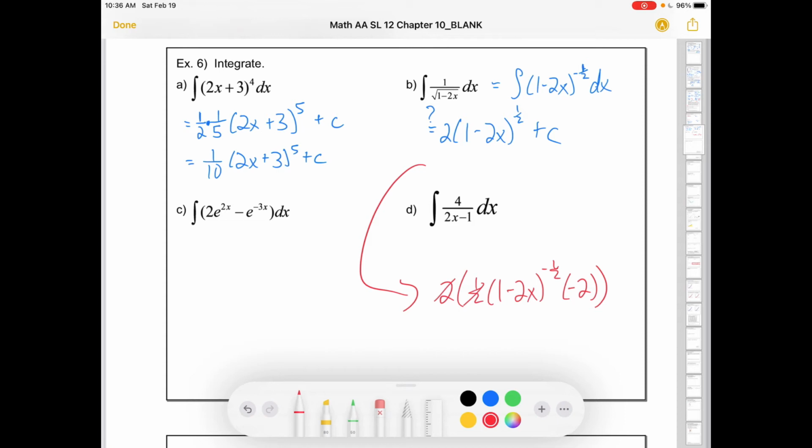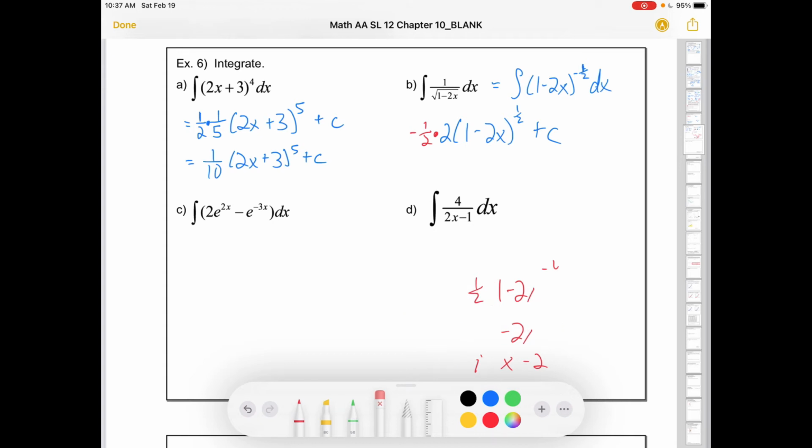This 2 and this half will multiply out, and I'll end up with this, which is too big by a factor of -2. What does that tell me? That tells me that I need a -1/2 out front here that I multiply by. So getting the wrong answer helps me on the path to getting the right answer. And then I can just simplify.